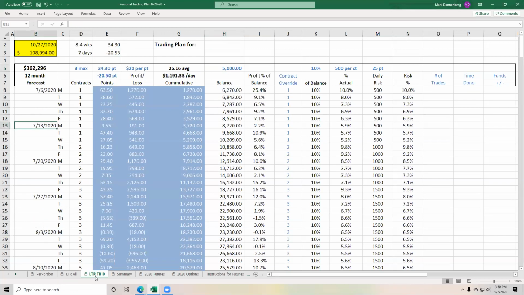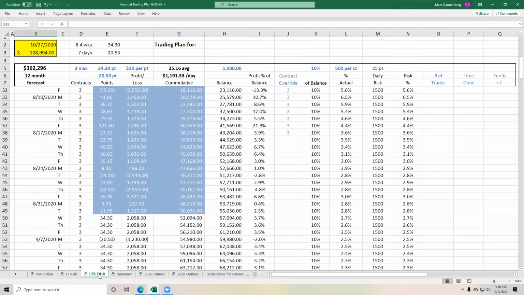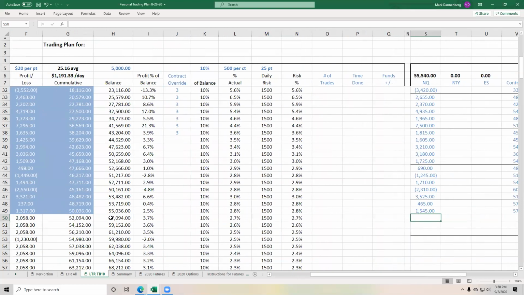All right, let's go to our other category that we're tracking. This is our 7 a.m. to 4 p.m. trend bias and continuation trades only. We're going to go to our Wednesday, September 2nd, and we did 45.25 points today.